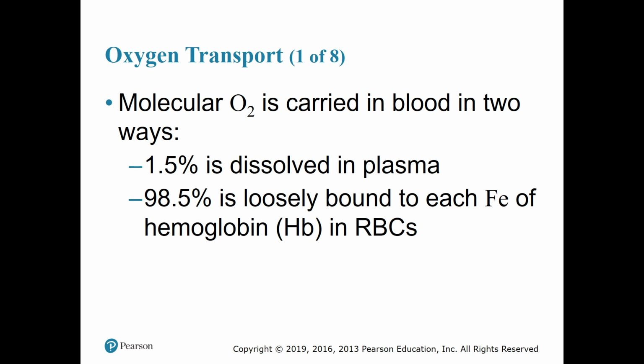And the rest, about 98.5%, is loosely bound to each iron of the hemoglobin that is found in red blood cells. Recall that the hemoglobin molecule consists of 4 globular protein subunits, each containing a heme unit. Thus, each hemoglobin molecule can potentially bind 4 molecules of oxygen, forming oxyhemoglobin.